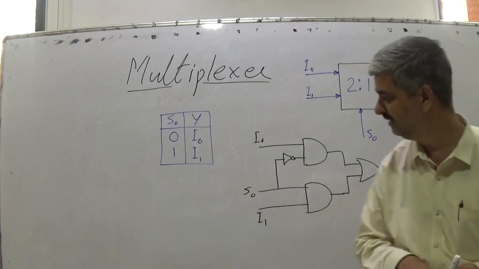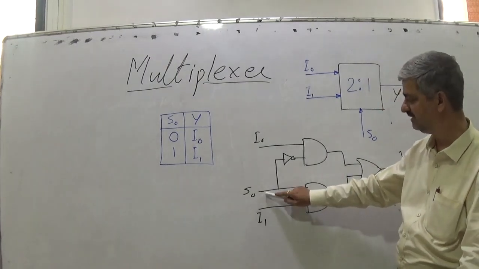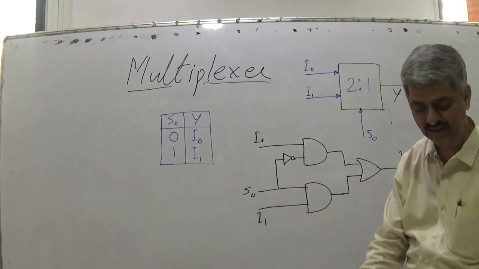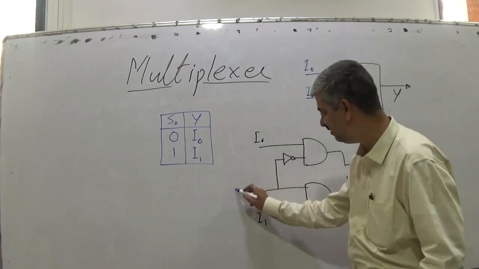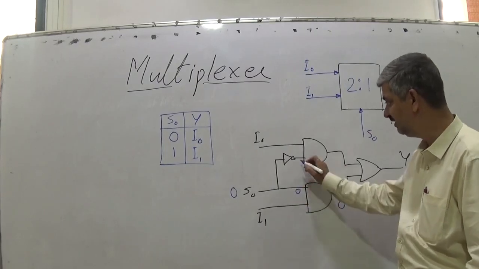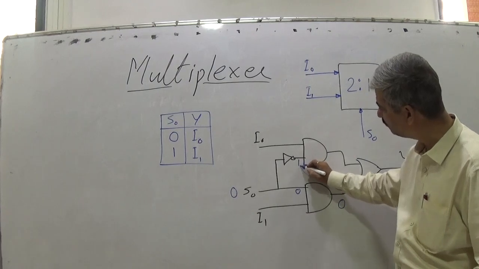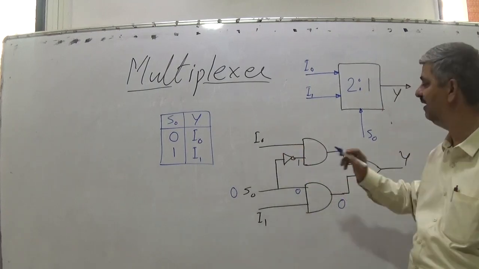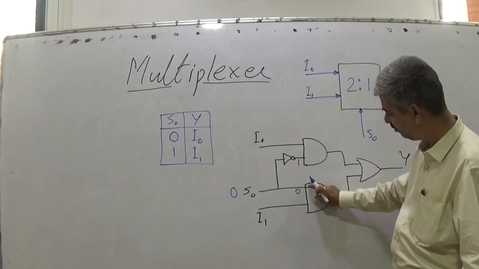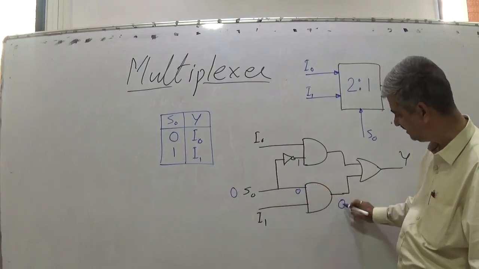So what will happen if this S0 is 0? This will be 0, as this is 0. This will be 1. For an AND gate, if one input is 0, irrespective of anything, the output will be 0.